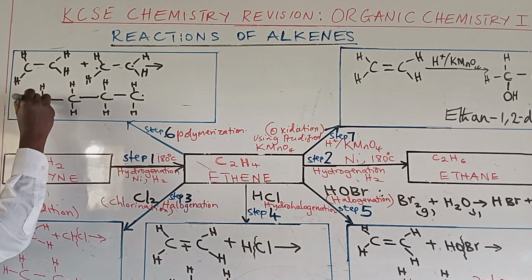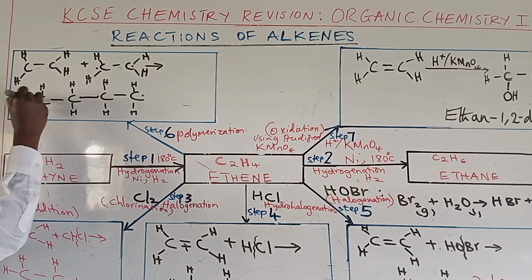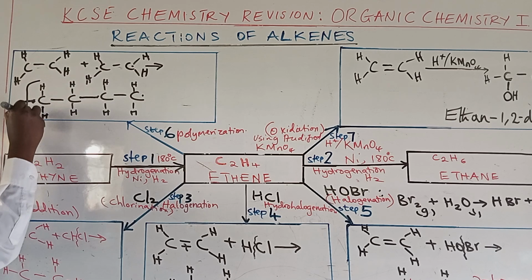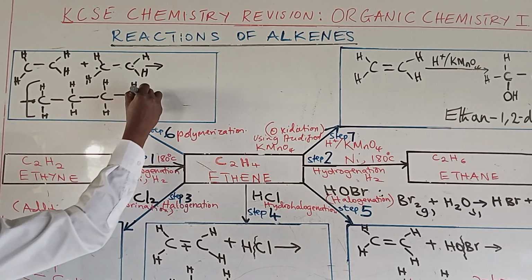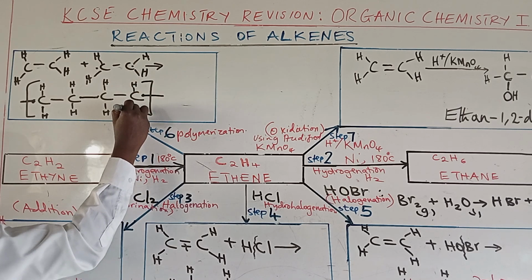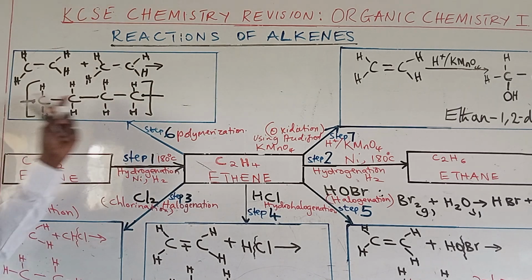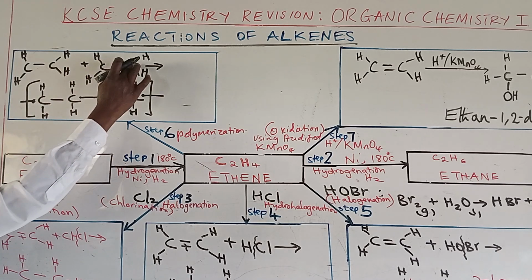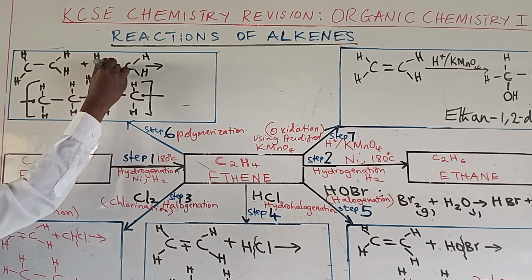We express this electron as a half bond like that, and that way we are able to show in a very simple way the polymerization of ethene.